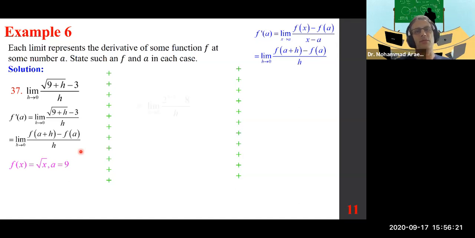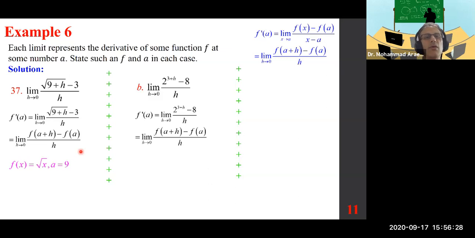All right, so here's the second one. And I'm assuming everybody understands we're going to do the same thing. We're going to compare to the same thing. We're going to call it f prime of a is this limit, and compare it to the second equation, this one. Let's do the comparison.